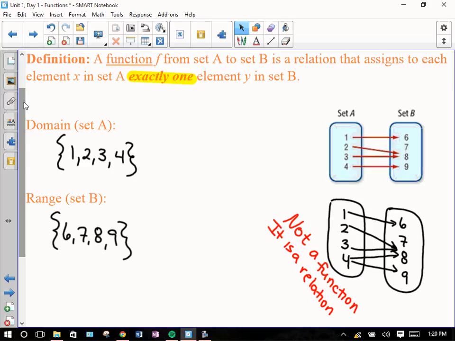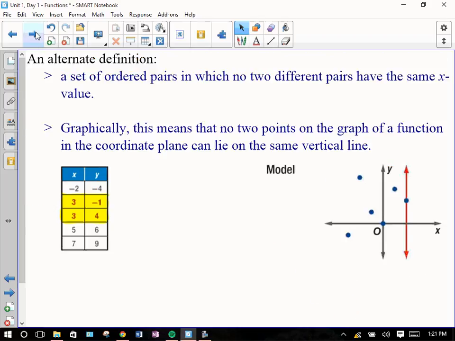All right, so what we're going to look at here are a couple of examples. Here's an alternate definition, and you don't need to write this down yet. An alternate definition of a function is a set of ordered pairs in which no 2 different pairs have the same x value. So visually, if you're looking at this table, this is the table of a relation.